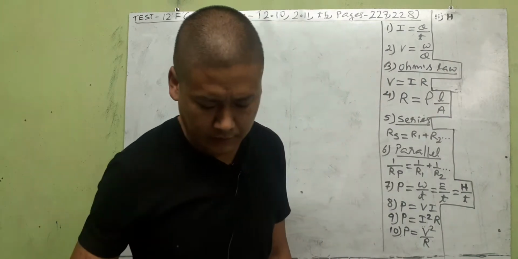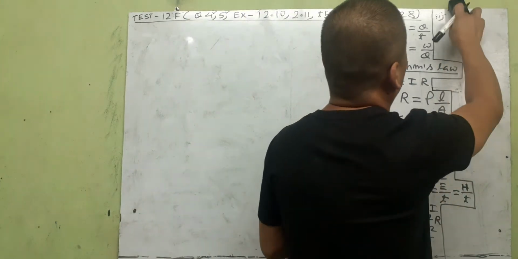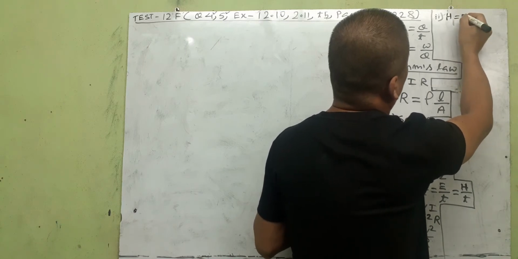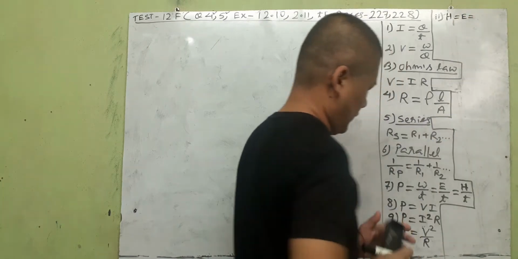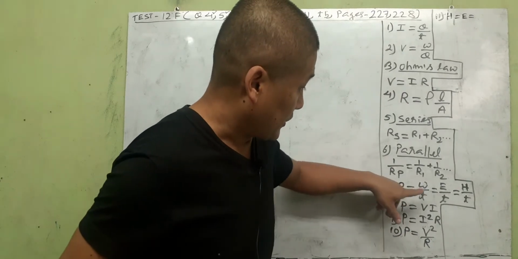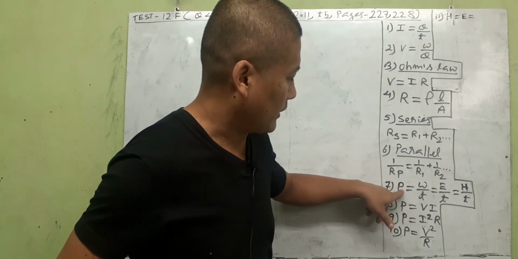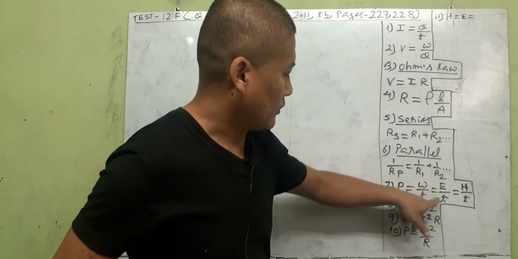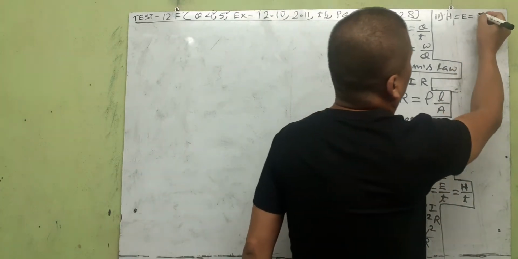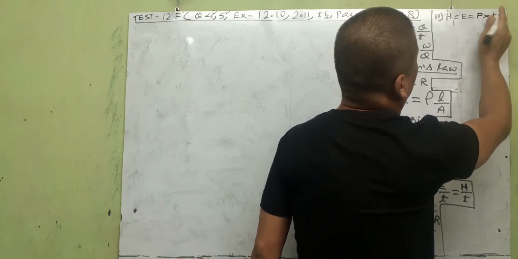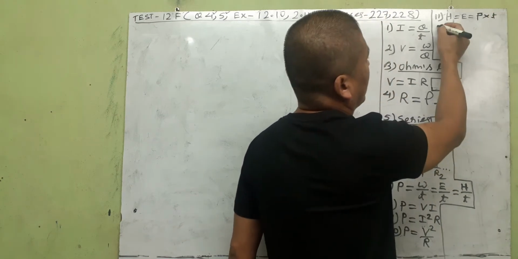You can also write heat, energy, work, whatever. That means you can put W also. The formula for this is here. E equal to, if you shift this T, it will go up and multiply. So E is equal to P into T. So the first energy equation is P into T, power into time.